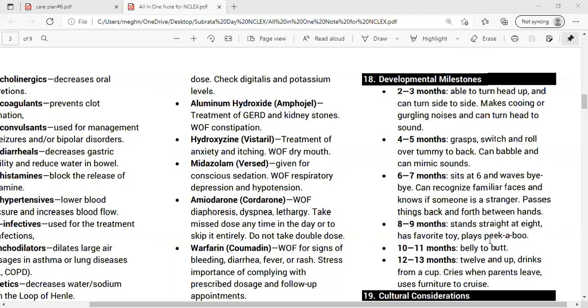They play peekaboo. At 10 to 11 months, the baby goes belly to butt, and at 12 to 13 months, or 1 year, they can speak up and say words, 12 or upwards. They drink from a cup. Baby cries when parents leave. Also uses furniture to cruise.